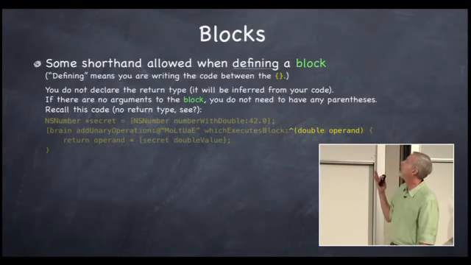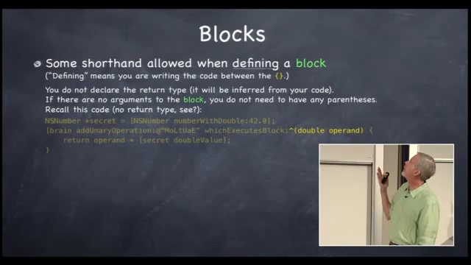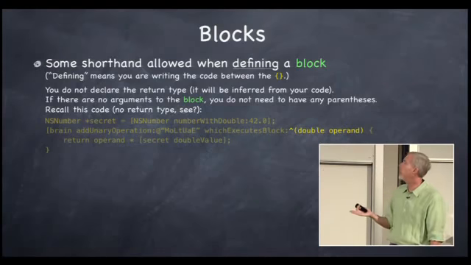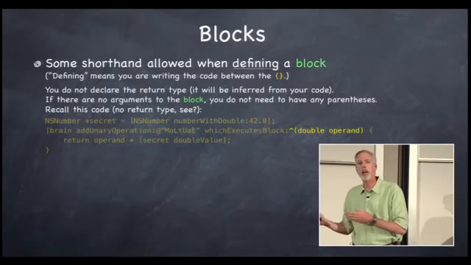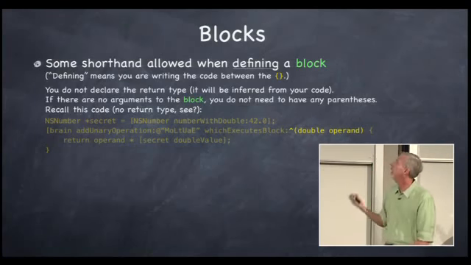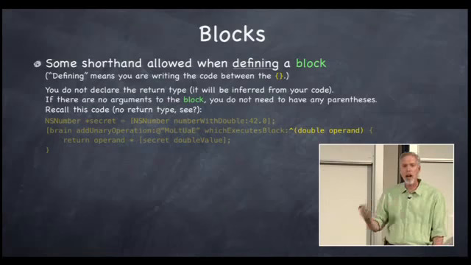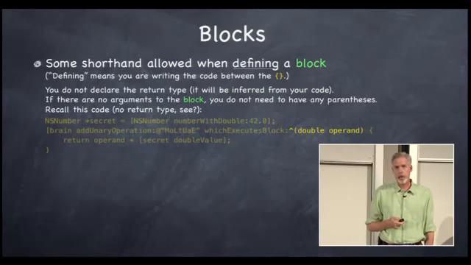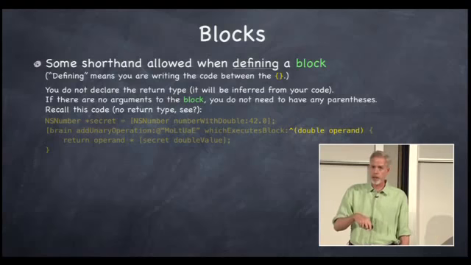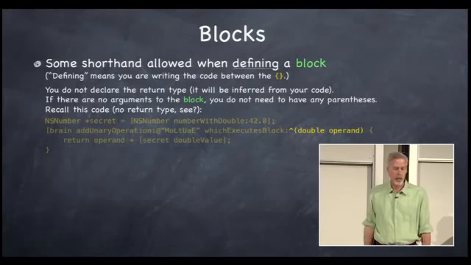So you notice here, when we're calling add unary operation, and we say caret, double operand, because we're going to have a block here, we don't say double caret double operand. In other words, we don't specify the return value. The return value can be implied by the compiler from whatever you return out of the block. Okay? The compiler will type check that against the thing you're passing it to.